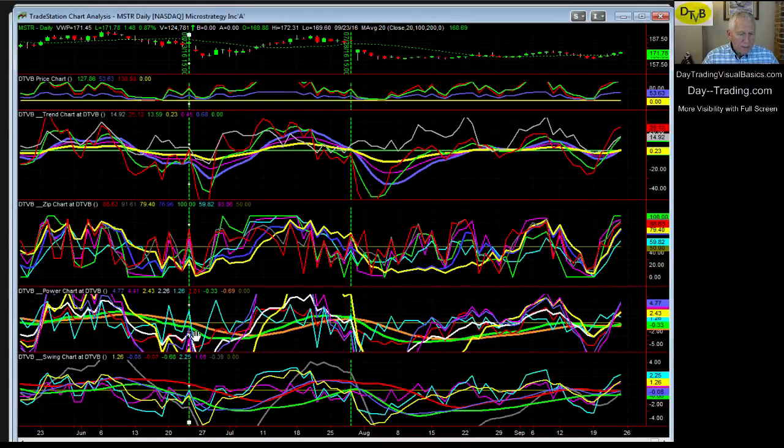They come up, they up touch the green line, the power green, but all of the lines except for the Zion are below the power green and power orange. Same is true pretty close in the swing lines. They're not all under the green, but they're all under zero. But the key element is they're under the short-term trend lines, not necessarily under zero.